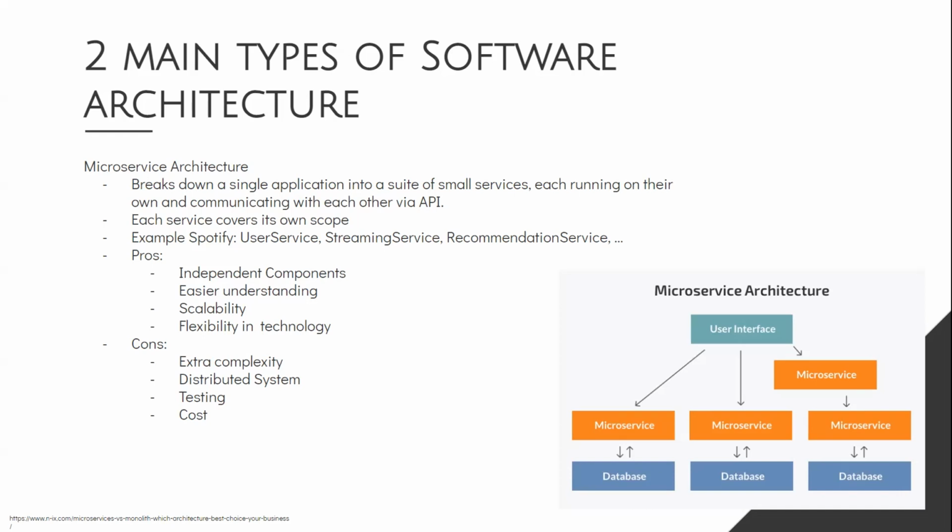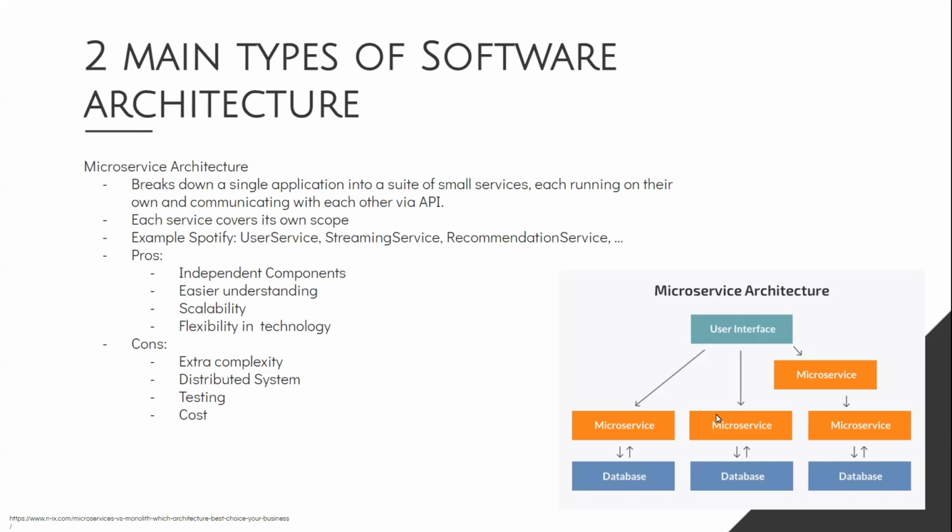But the idea of microservice architecture is that you break down a single application into small services. All the services are running on their own and communicating with each other. And each service covers their own scope. For example, Spotify, we might have a user service, just responsible for logging in users or registering users. We could have a streaming service.